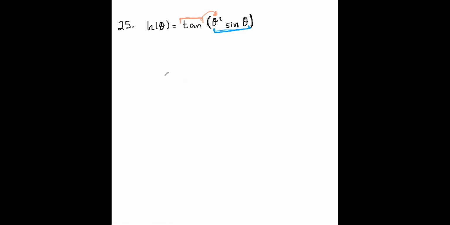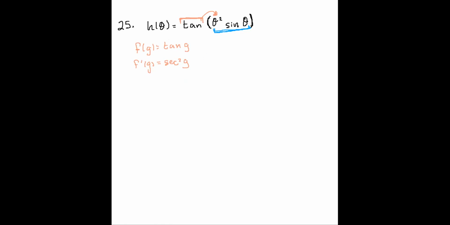So I'm just going to go ahead and write this as, I'm going to just start with that. F of g is equal to tan of g. I'm just going to say f prime of g is equal to sec squared of g.